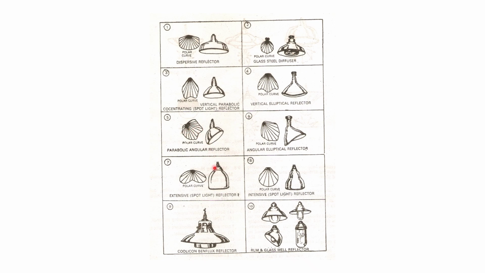And this fitting is an extensive spotlight type of reflector where most of the light is going downward. And this one is very costly, the Kulikan Vaniflex reflector, and some other reflectors, of which this is the cheapest category.